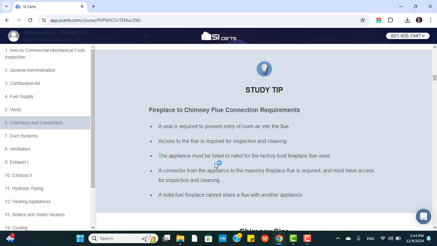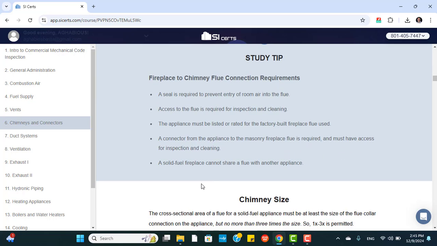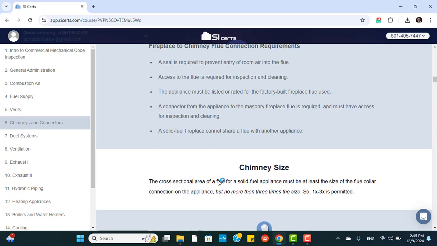The appliance must be listed or rated for the factory-built fireplace flue used. A connector from the appliance to the masonry fireplace flue is required and must have access for inspection and cleaning. A solid fuel fireplace cannot share a flue with another appliance.